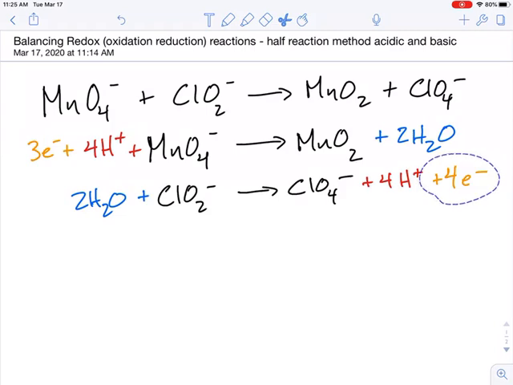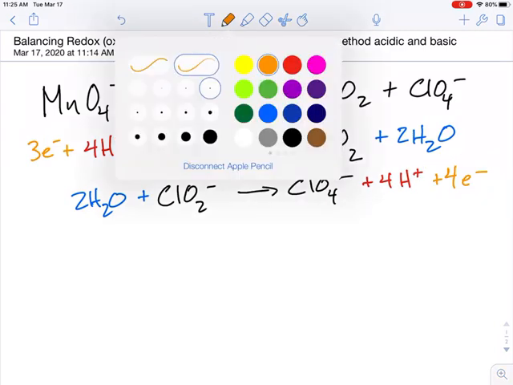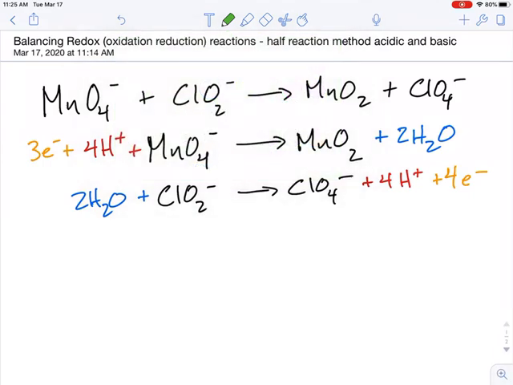So between 3 and 4, that least common multiple is 12. Okay, so then let's pick another color. So we're going to have to multiply everything by 4 here at the top. And we're going to have to multiply everything down here by 3. So what we're going to end up having is 12 electrons that are being gained, 12 electrons that are being lost.